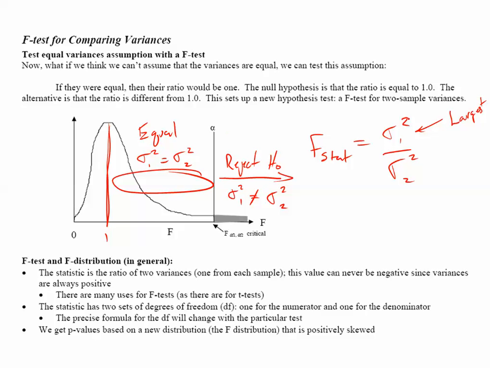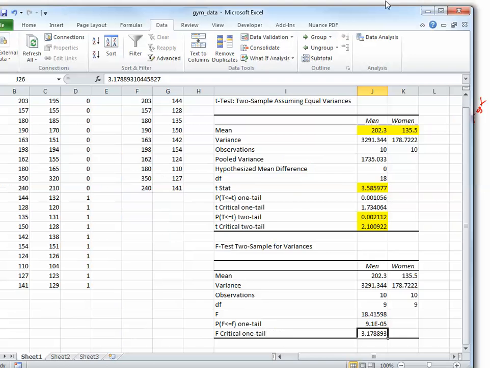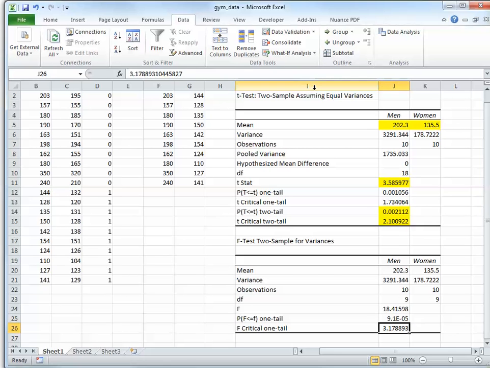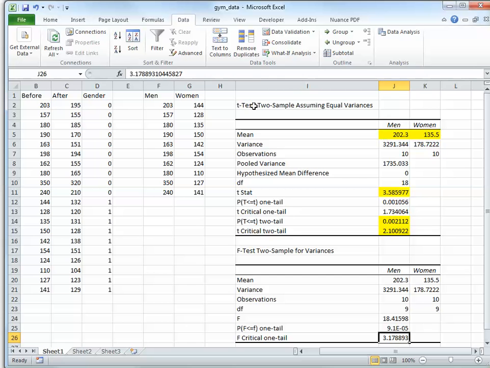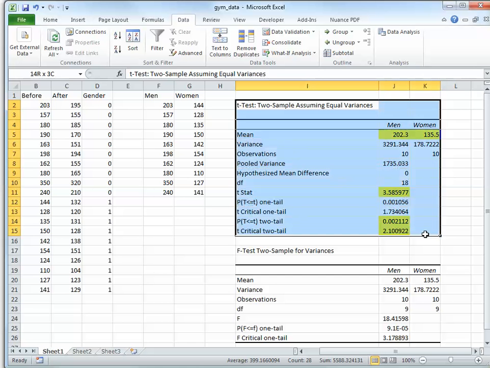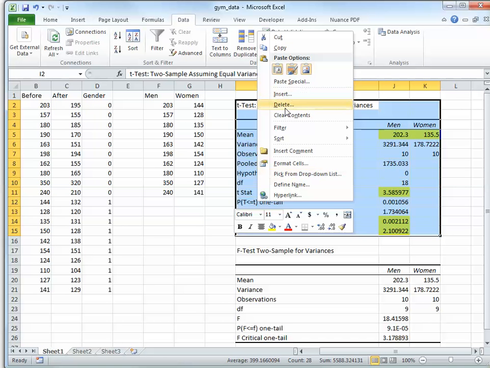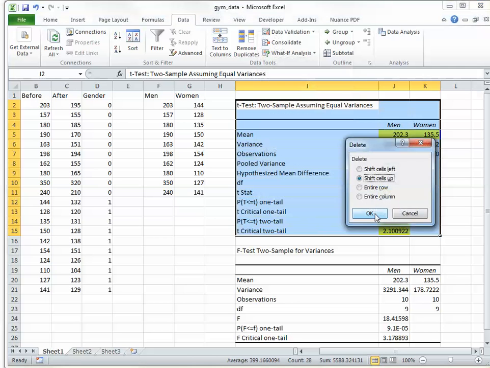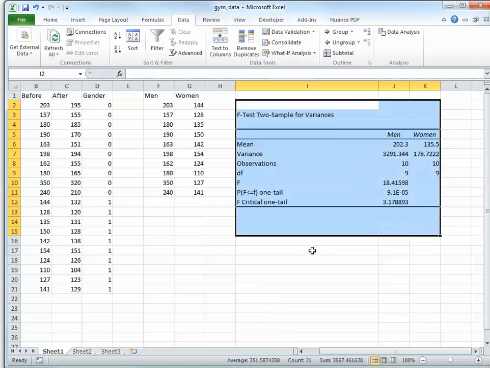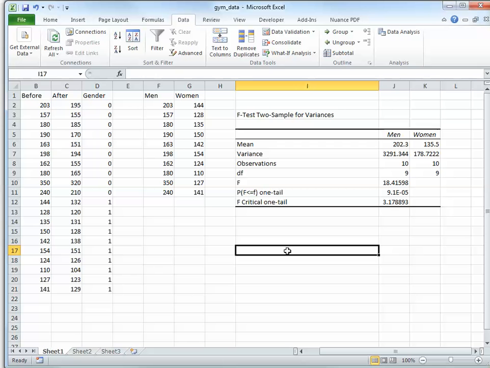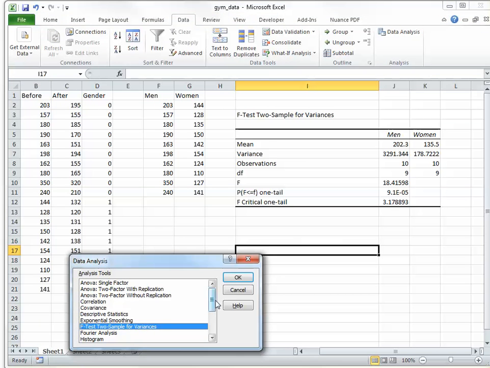In this range, and anything above it, we'd use an unequal variance t-test. So it appears that we have unequal variances, so I've used the wrong test for my test statistic. So let's delete this, and let's rerun the same independent t-test, assuming unequal variances.